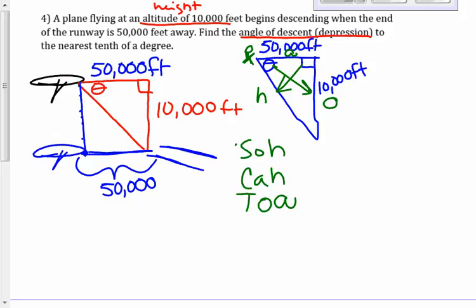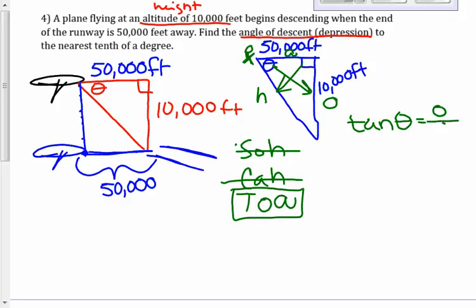So we know O and H is not correct. We know C and A is not correct. So O and A is what we have. Tangent of theta equals opposite over adjacent. We don't have the angle, so we leave theta in the problem.